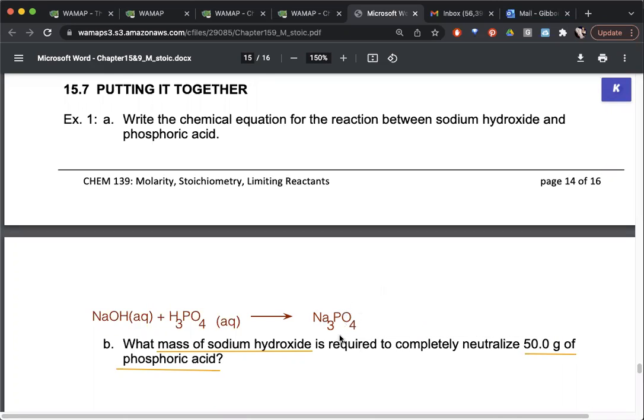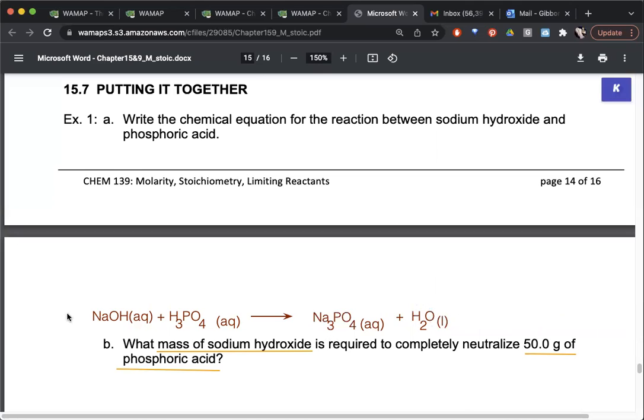So there we'll look at the solubility rules. Sodium is rule number 1, so this is aqueous. There's our salt. And what's the other thing that we form in an acid-base reaction? Water. I'll go ahead and give that a subscript. Is water aqueous? Nope, it's a pure substance. It's a pure liquid. Okay, let's balance it.